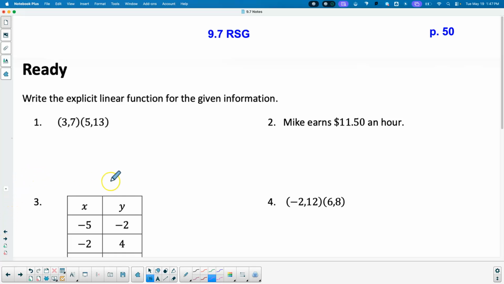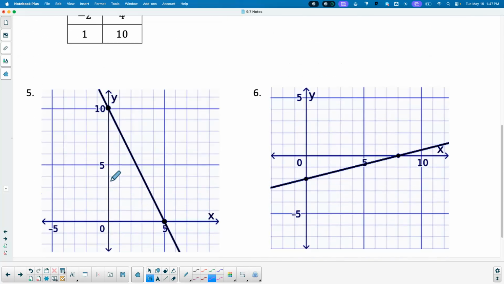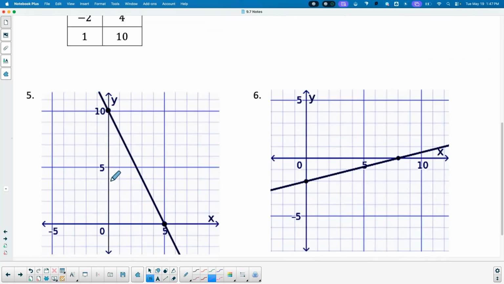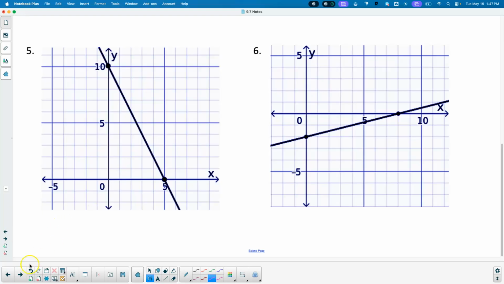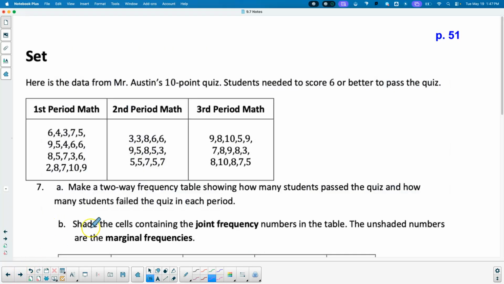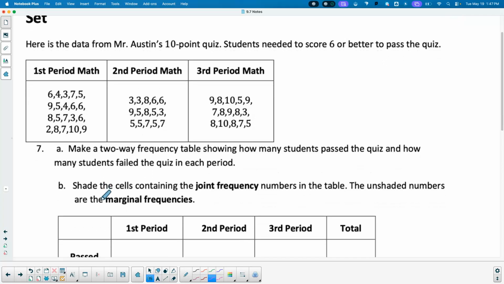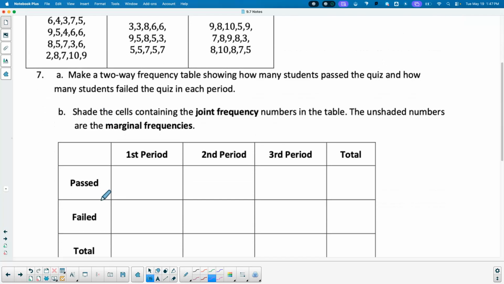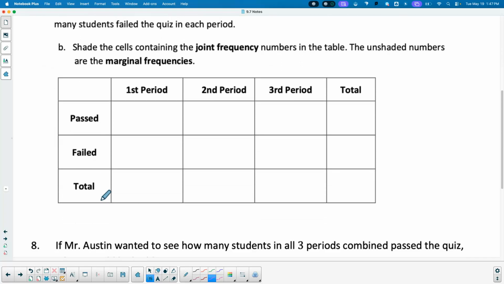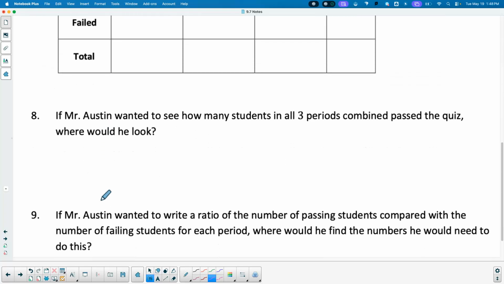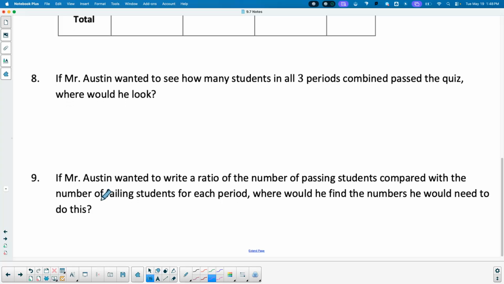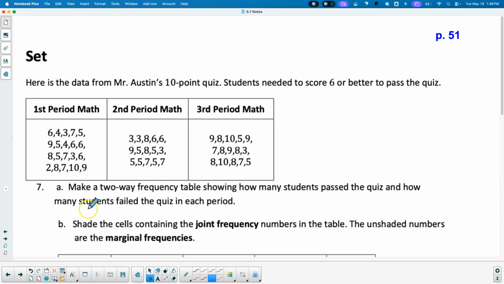Linear functions. Okay. We can do those. Find the slope, find the y-intercept, y equals mx plus b. Good to go there. Data. Create yourself a two-way table. Love it. Answer some questions about that. I can handle that.